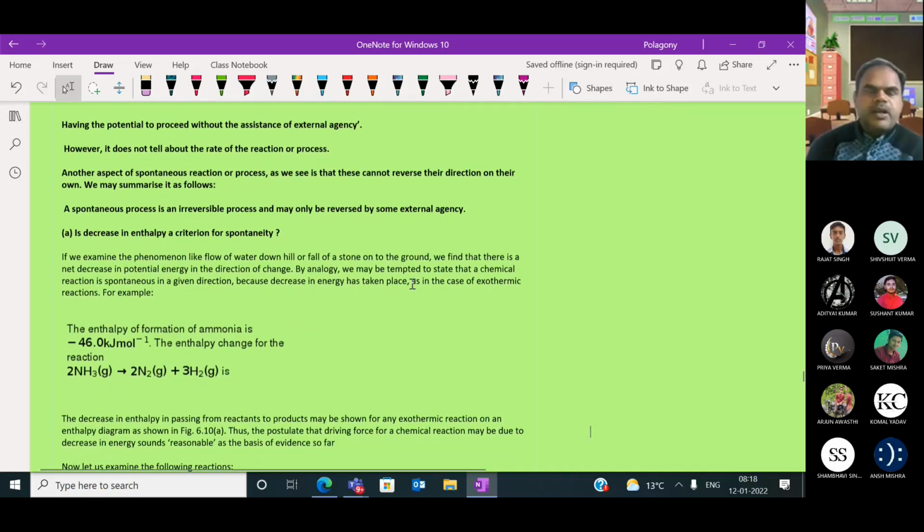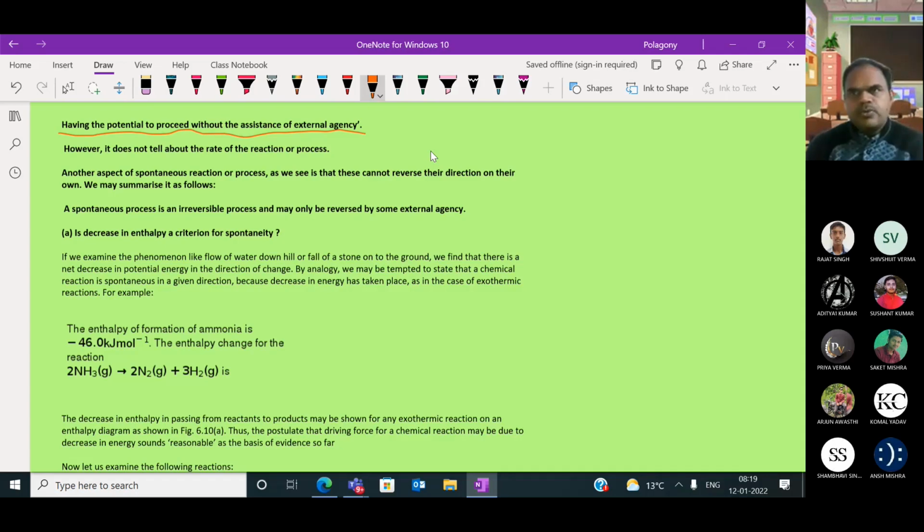The spontaneity of a system, or of a reaction, the definition I'm giving: having the potential to proceed without assistance of external agents. Here is the definition of spontaneity, having the potential to proceed without the assistance of external agency. Best example, diffusion of the gases.